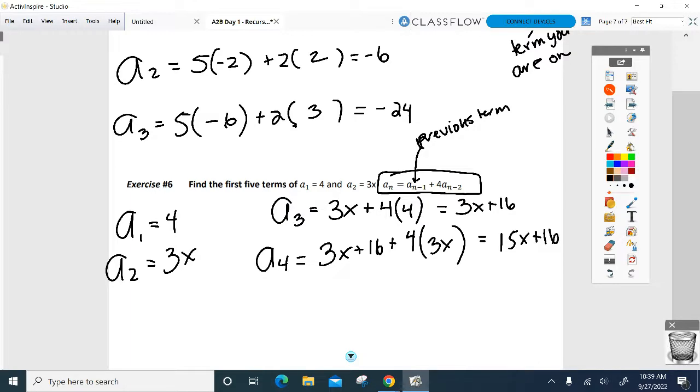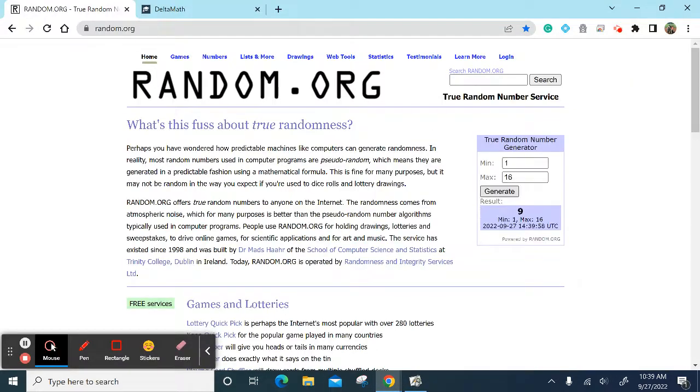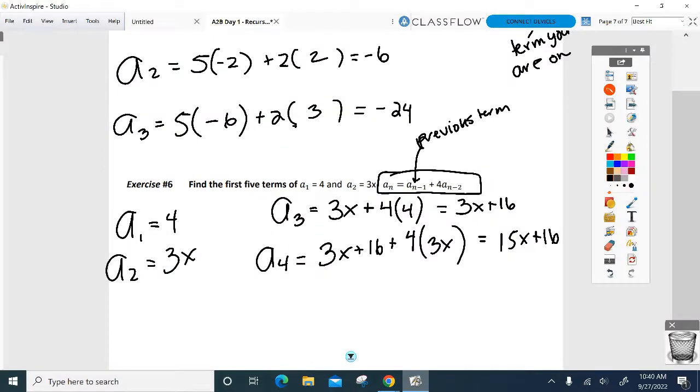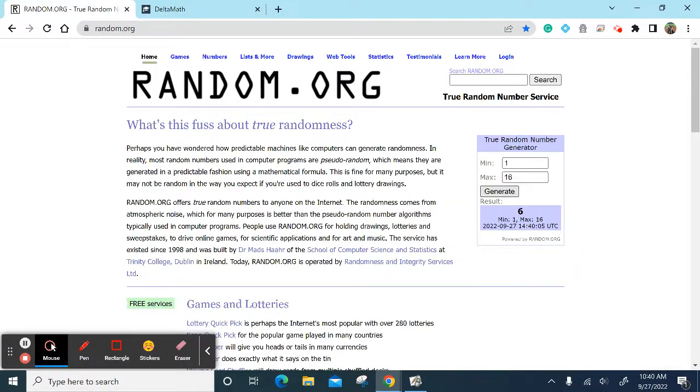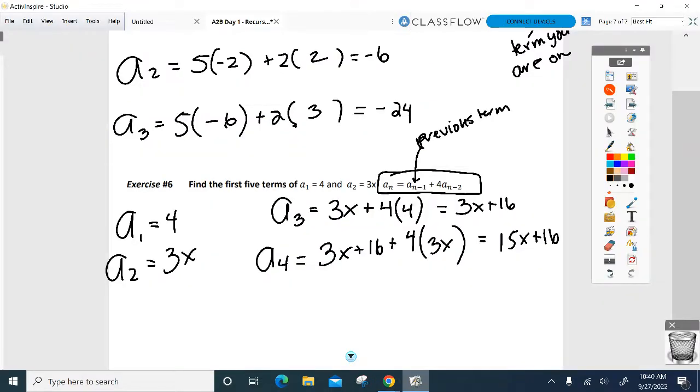And then let's finish this strong, somebody. Find the 5th and final term with me. One more try. Ready to roll here. So 5th term. Previous, which was 15x plus 16, plus 4 times the previous, which would have been 3x plus 16.